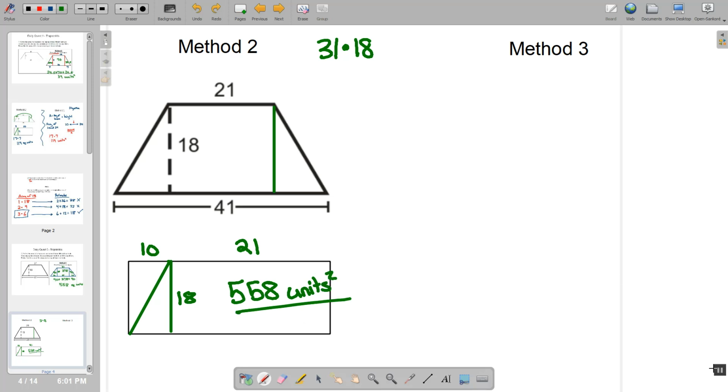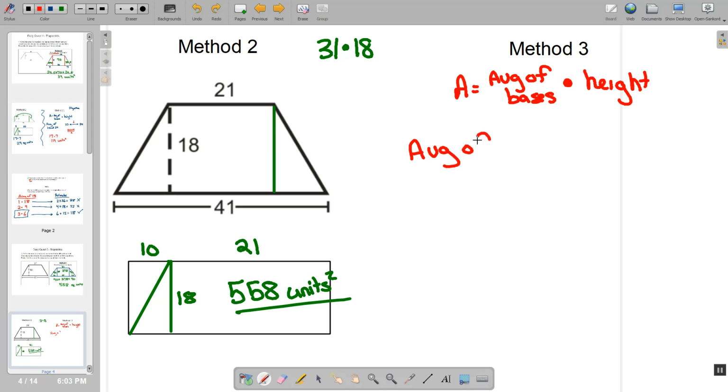We have one more problem left. The final method is using the traditional algorithm, which for the area of a trapezoid is equal to the average of the bases times the height of the entire trapezoid. Well, we know that the two bases are 21 and 41.